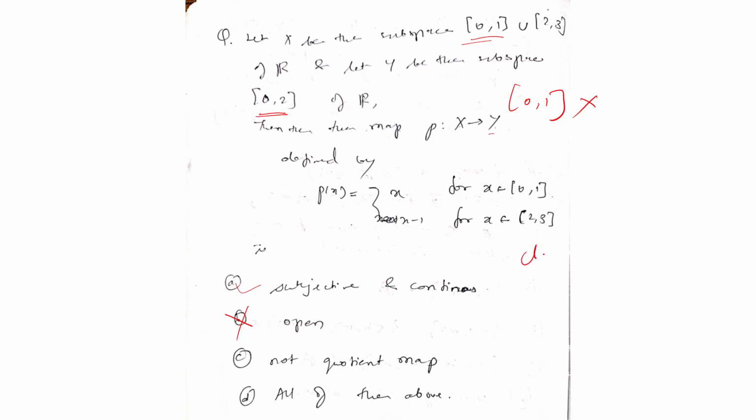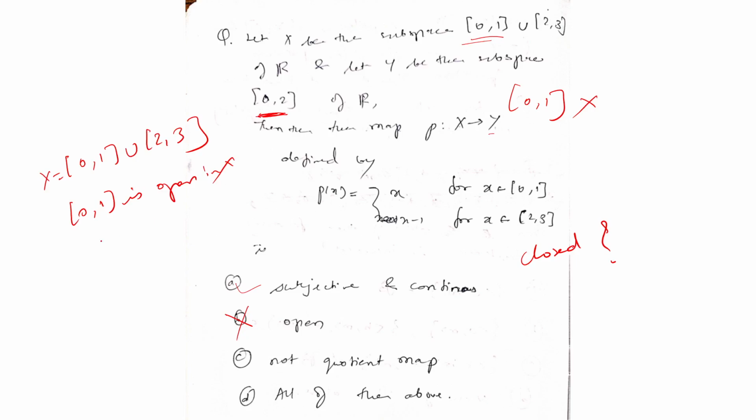Is it closed? Okay, you didn't get the example. It is not open. Why? Because here X is what? (0,1) union (2,3), right? So according to this, (0,1) is open in X, right?